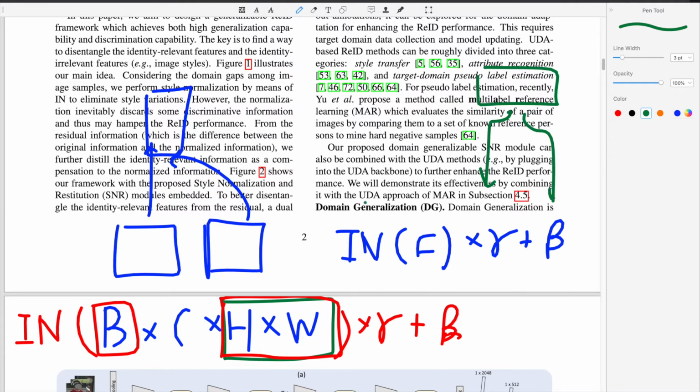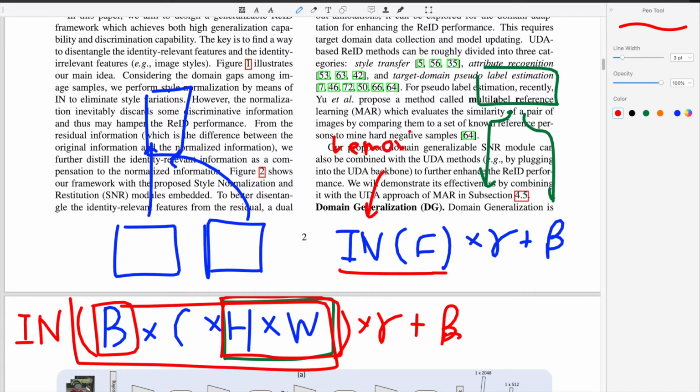So this can be considered as the instance norm, or the normalization part, removing the style information from the content image. Oh, and by the way, this is the content image feature. So this removes the style information from the content image and reintroduces the style from the style image.